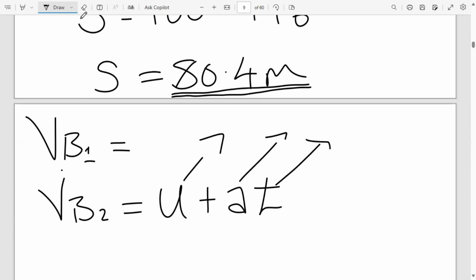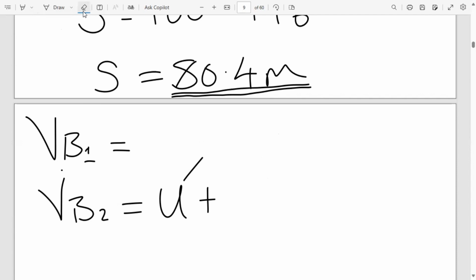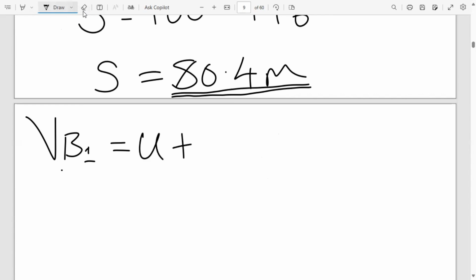So for bore number 1, I'll say V is equal to U plus AT like that. So V is equal to, what is the initial velocity for bore number 1? It is 0 plus, what is the acceleration? It is 9.81.